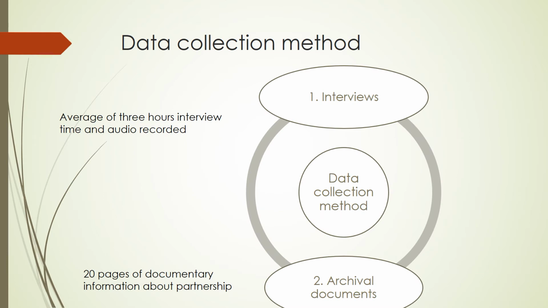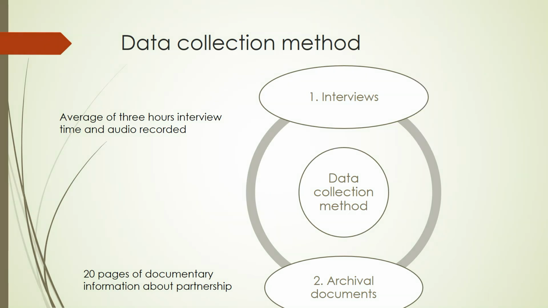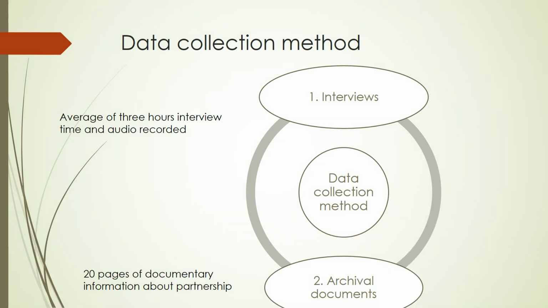They used interviews to collect data, and each interview lasted on average 3 hours, and with the consent of the participant, wherever possible, they were audio recorded. They also looked at archival documents, which on average were about 20 pages, from a firm that provided information about various aspects relating to the partnership.